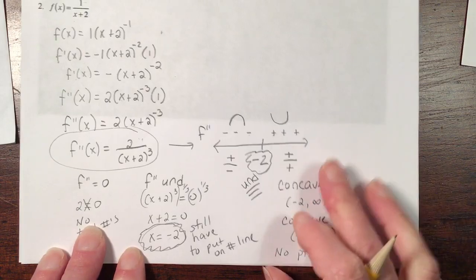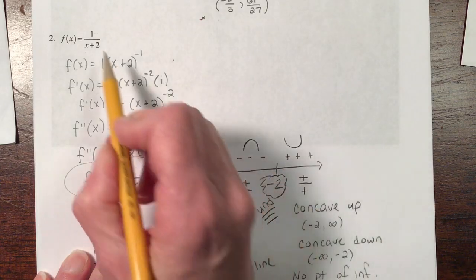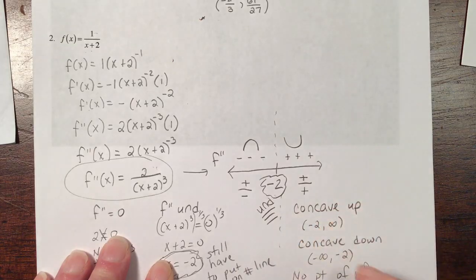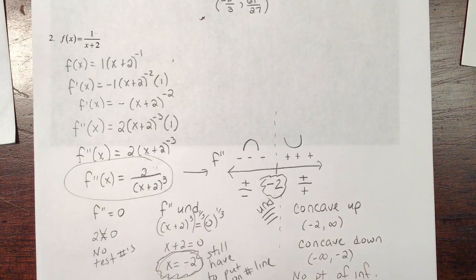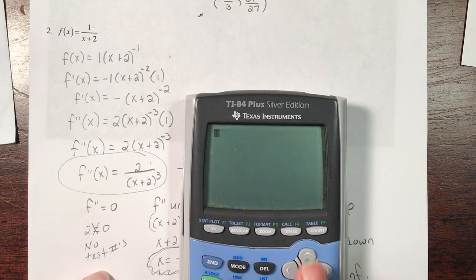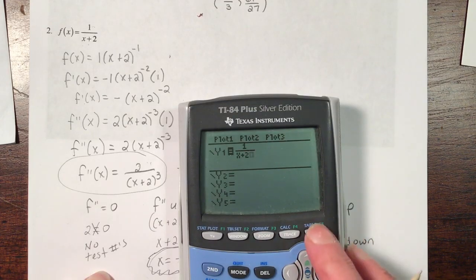This is where you really have to kind of remember your behavior of functions. At -2, since this is a rational function, basically there's some sort of asymptote in the curve there. Okay, and if you're confused and if you want to try to make sense of this graphically, there's no harm in plugging things in your calculator and looking and seeing the picture and trying to make connections between the math you're doing algebraically and what you're going to be seeing graphically.